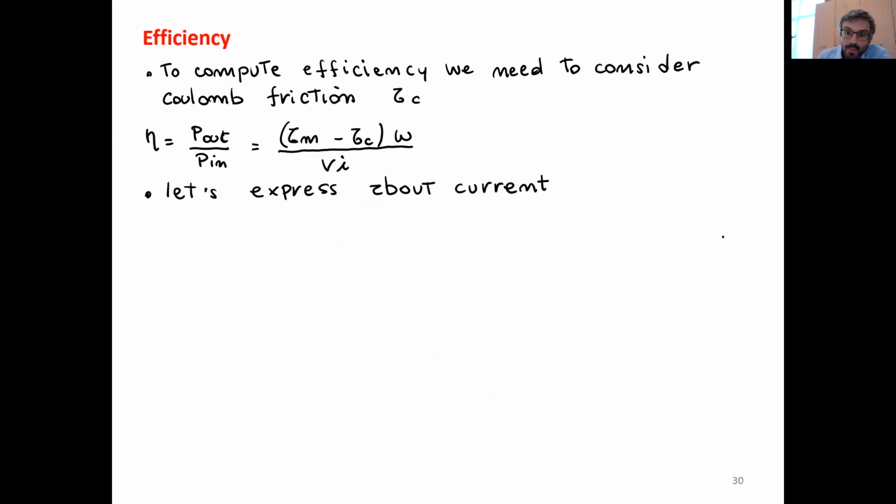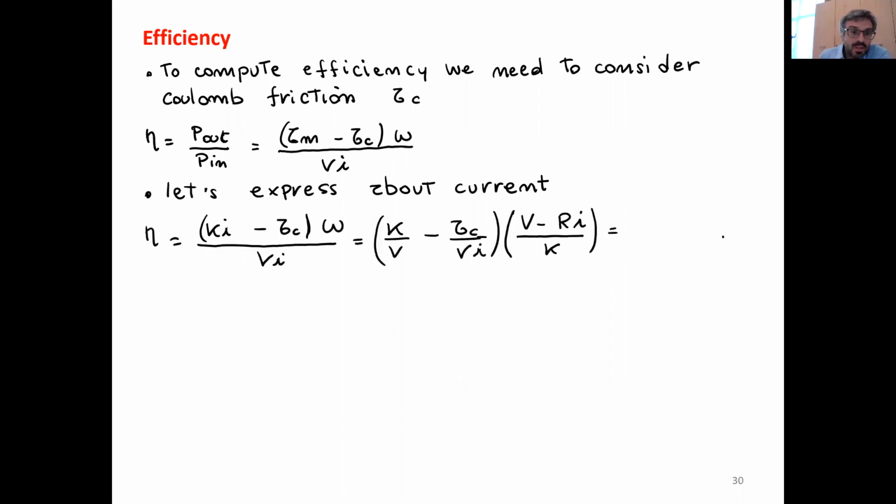To find the efficiency maximum point, it's convenient to express the efficiency in terms of the current. So we just replace the expression of tau m here, and we express these ratios explicitly, and we replace the expression for omega, voltage minus R times I divided by K, where K is the speed constant.